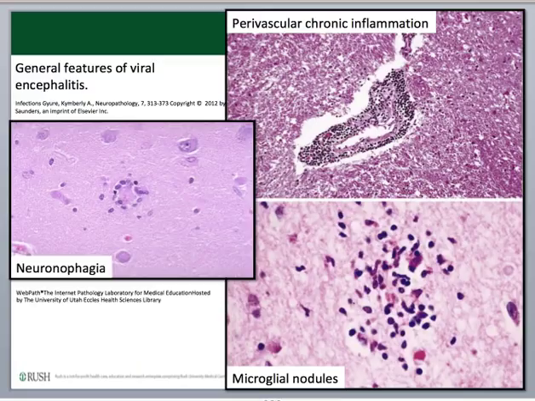In general, viral encephalitis is characterized by the histologic triad of perivascular chronic inflammation, most of these are lymphocytes, microglial nodules, again a cluster of microglial cells which are histiocytes and lymphocytes, and neuronophagia, which is a dying neuron surrounded by a cuff of lymphocytes. So, histologic triad of perivascular chronic inflammation, microglial nodules, and neuronophagia.